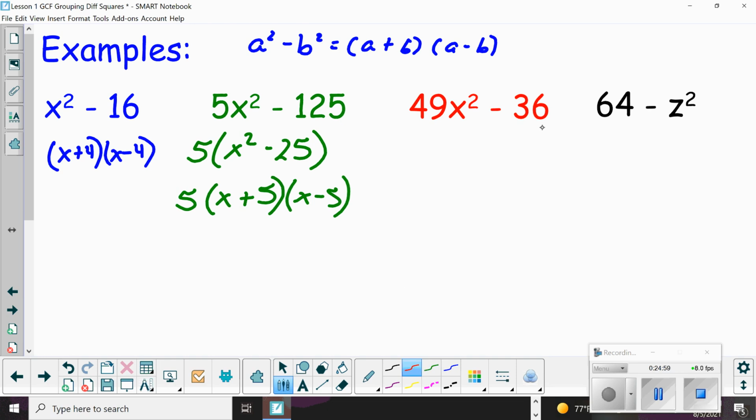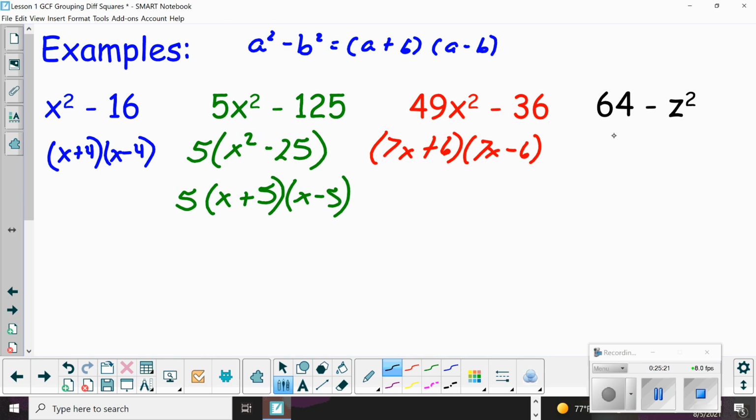49x squared minus 36. Everything is a perfect square. So the square root of 49, 7x, the square root of 36 is 6. And then we have 7x minus 6. Once you get the first factor, the second factor is easy. Now over here, don't forget 64 minus z squared.